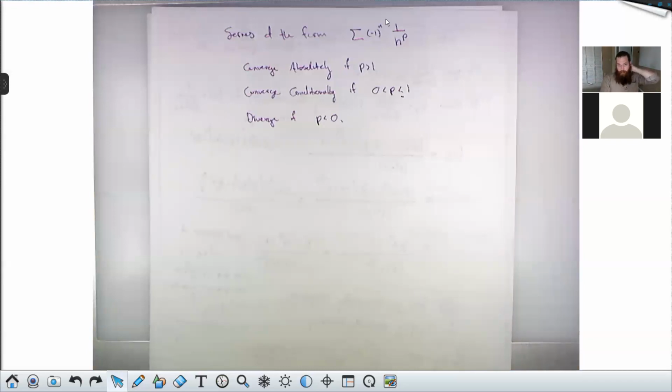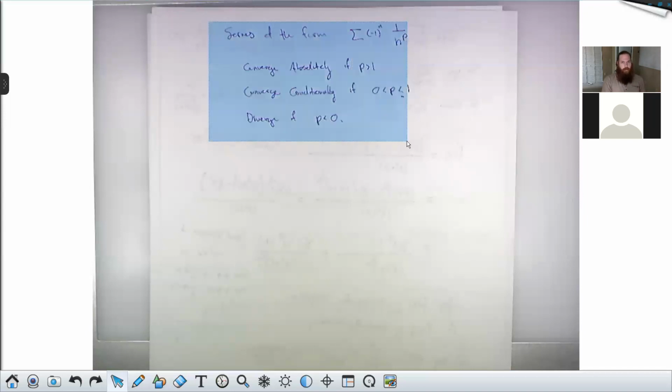And it doesn't matter if this is an n-1 or whatever, it's an alternating p-series. So the alternatingness allows them to converge even if p is between 0 and 1. If p is bigger than 1, then when you take absolute values, you get a convergent p-series. If p is between 0 and 1 and you take absolute values, you get a divergent p-series. And if p is negative, this thing fails the test for divergence. So this is a good thing to know.